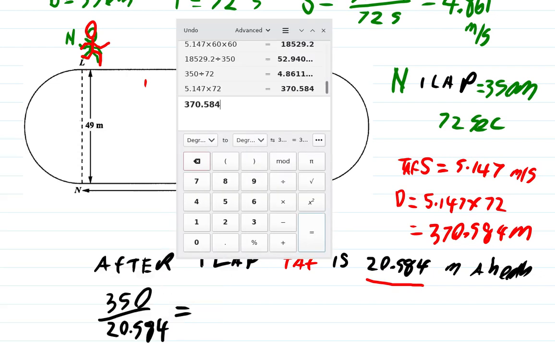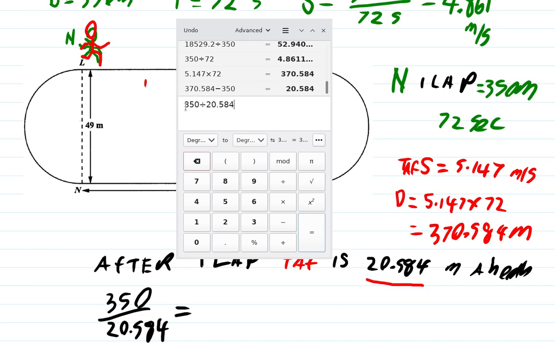Remember I got the 20 point odd by subtracting 350 from this. So now, how many 20.584 meters are there in 350?